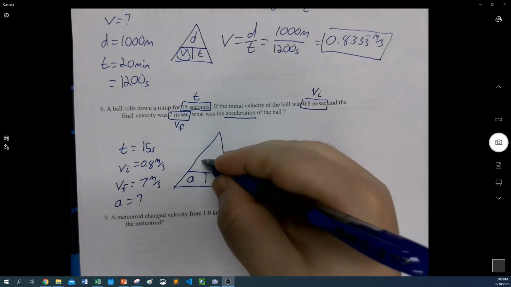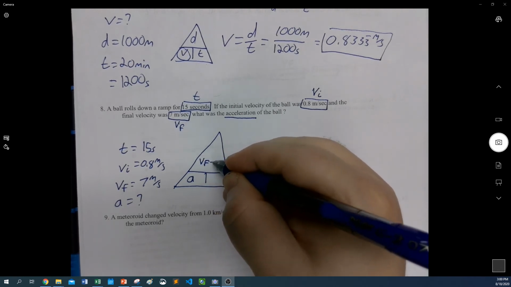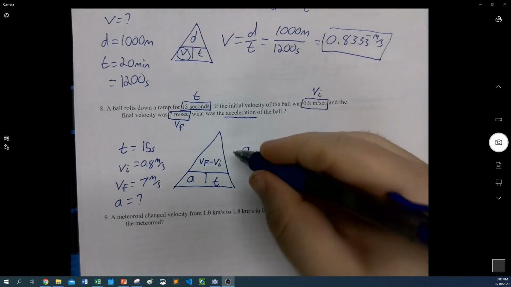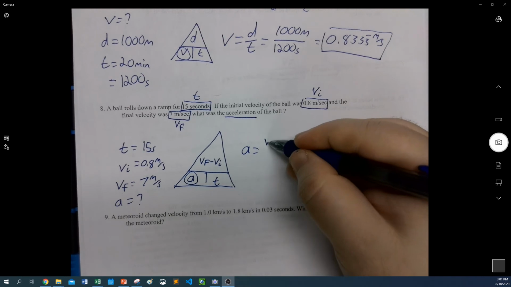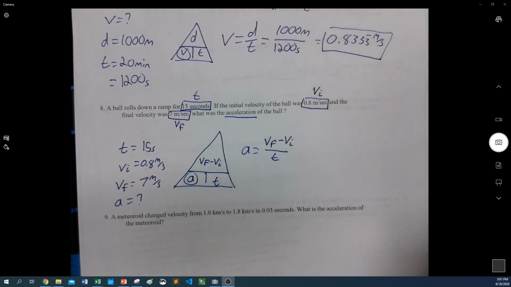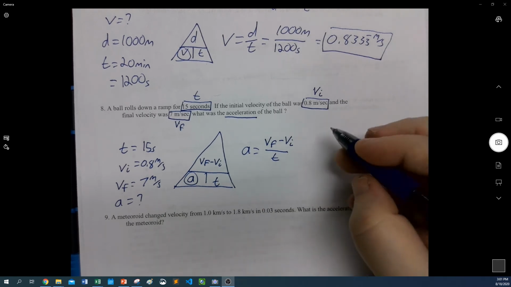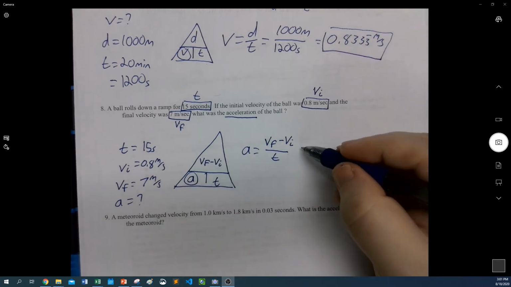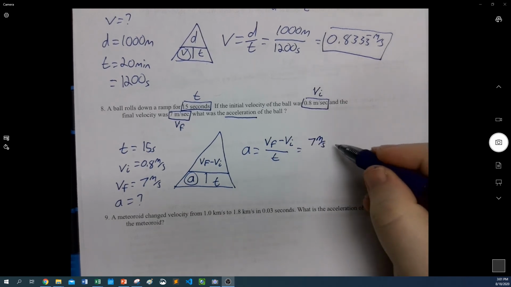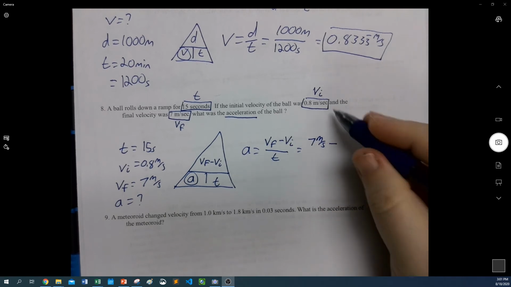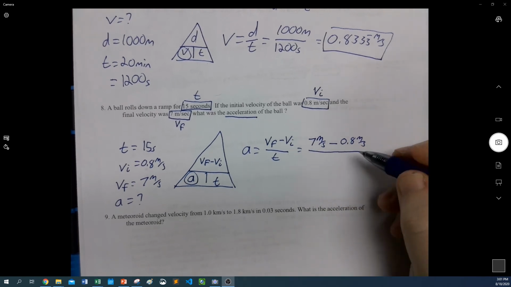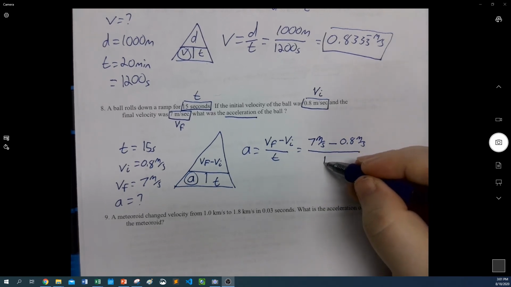So acceleration is equal to Vf minus Vi divided by time. Final velocity minus initial velocity all over time. Plug our numbers in. So our Vf was 7 meters per second minus our initial was 0.8 meters per second divided by 15 seconds.